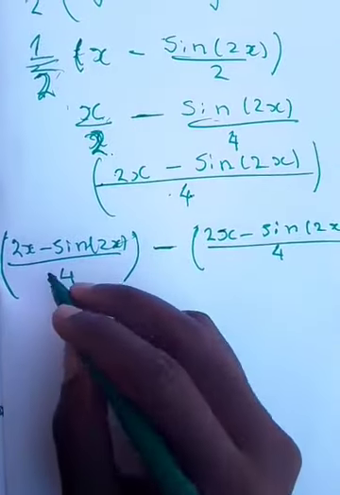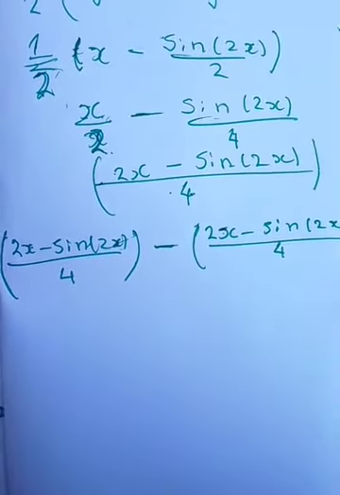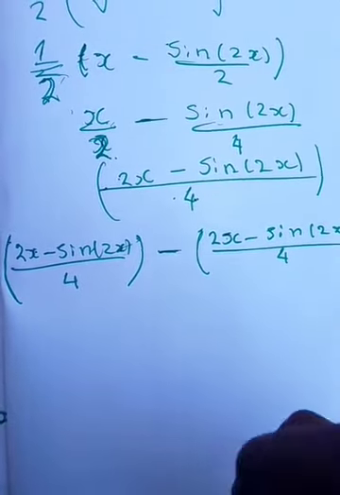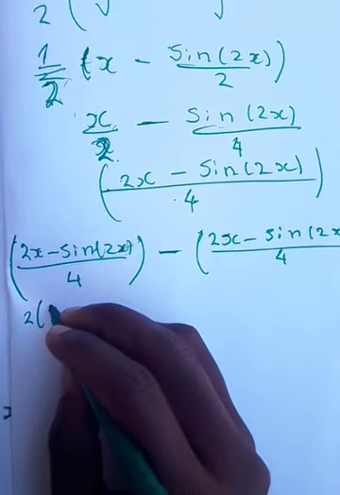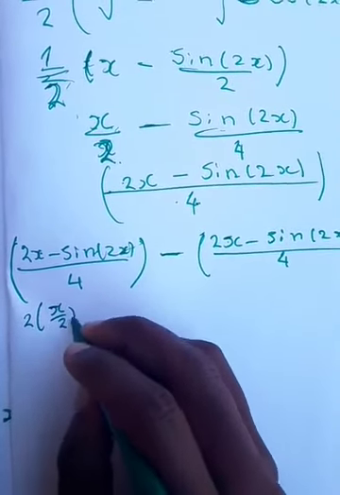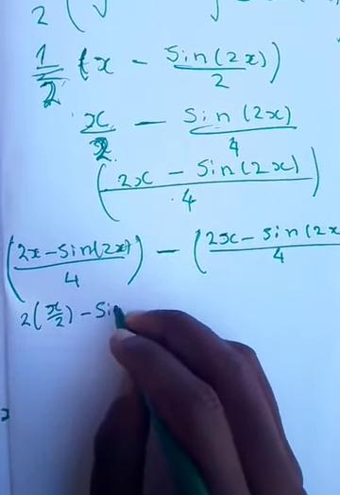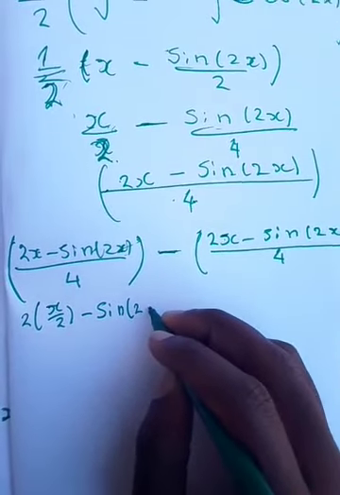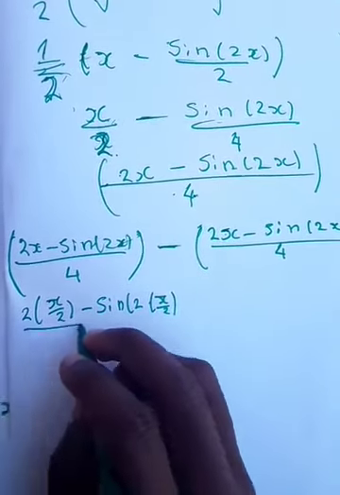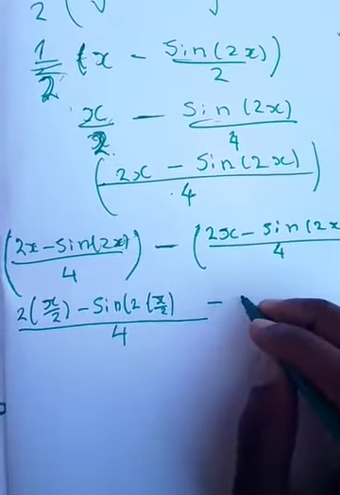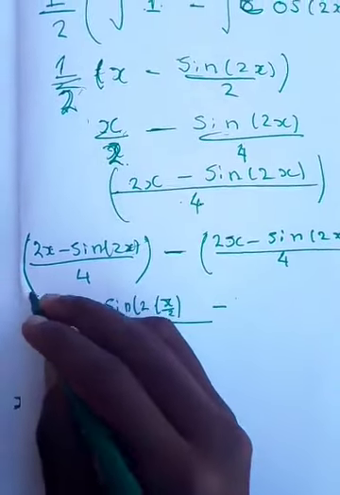Okay, so where is x? Let's start with this one. We just substitute the upper limit. What's the upper limit? It is pi over 2, right? And the minus sine 2, where is x? I'll put pi over 2. Let me even put it in brackets.